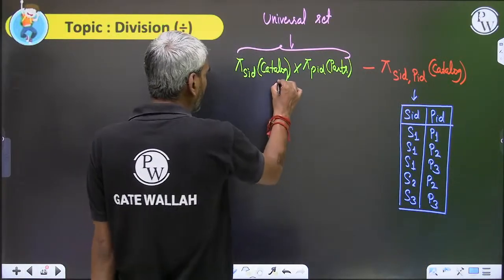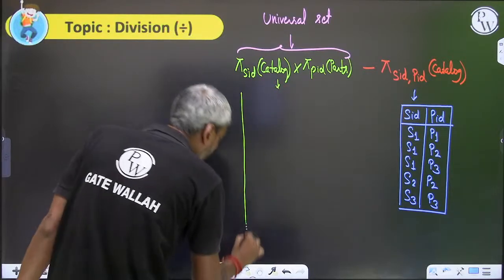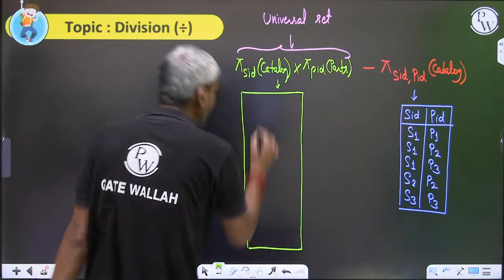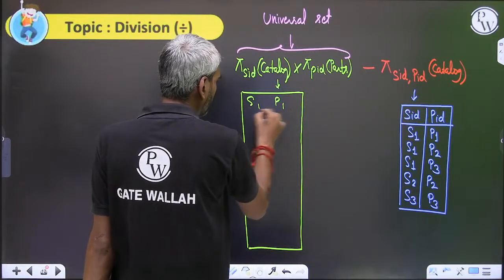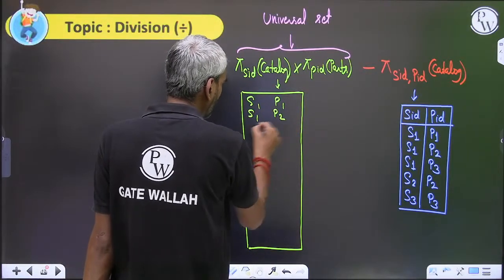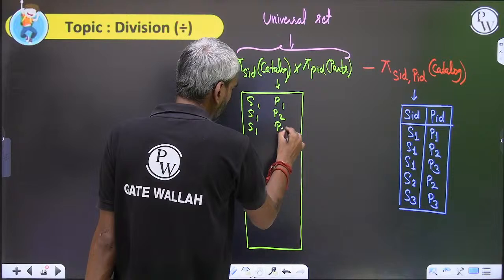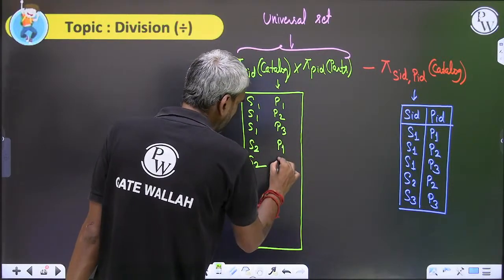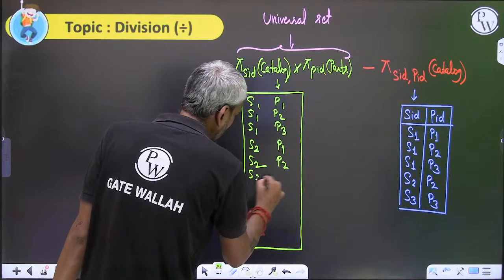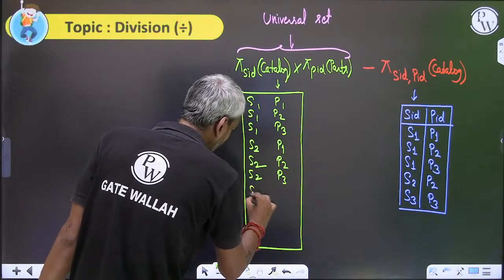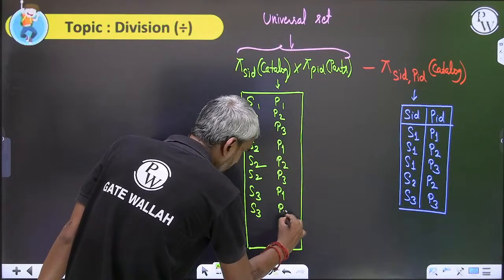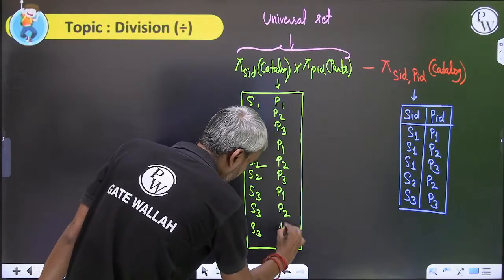In this cross product, we have every supplier of the catalog table supplying every part, that is S1 P1, S1 P2, S1 P3, S2 P1, S2 P2, S2 P3, S3 P1, S3 P2, S3 P3.